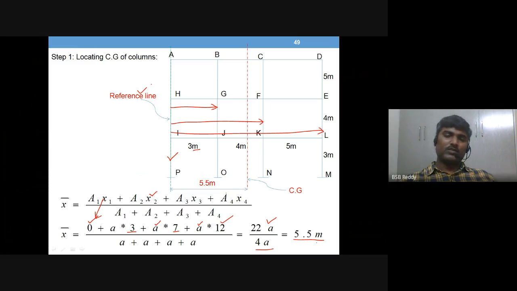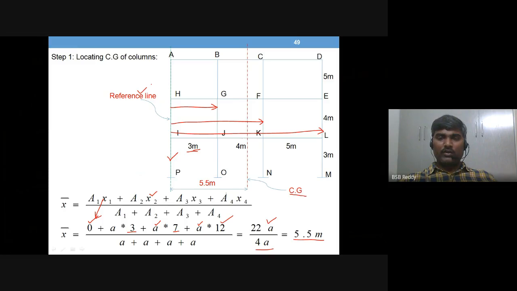Now let us just draw the CG location. Is this the CG location? 5.5 meters means what? 3 meters, then the middle of this bay is 3 plus 2, 5, plus 0.5.